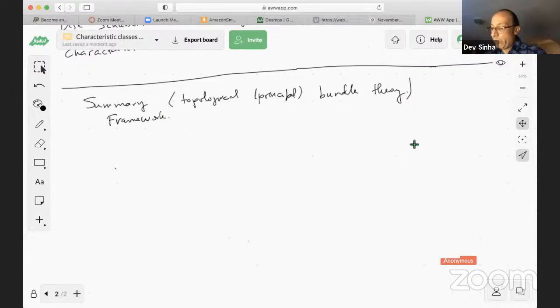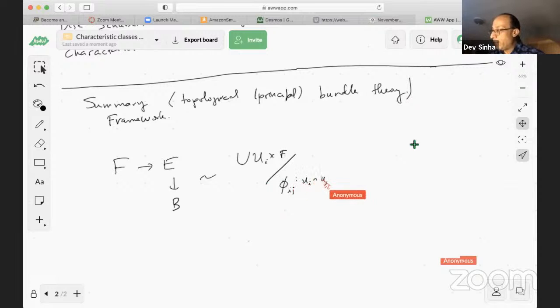And what that says is, if you've got F to E to B, remember that by definition we've got a union of U_i cross F modulo identifications, which are given by phi_ij from U_i intersect U_j to some G. And so the idea is that we have a structure group inside the homeomorphisms.